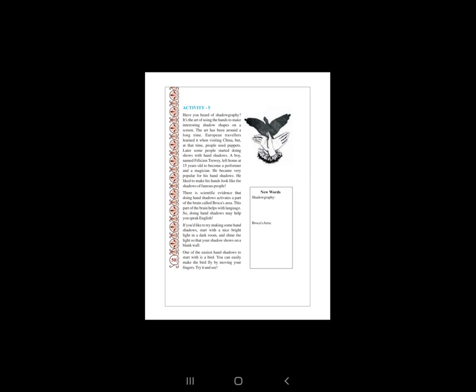It's false. Then fourth, it is scientifically proved that doing hand shadow activities activates a part of the brain called Broca's area. It's also true. Then fifth, doing hand shadows, one can learn a language well. It is true.